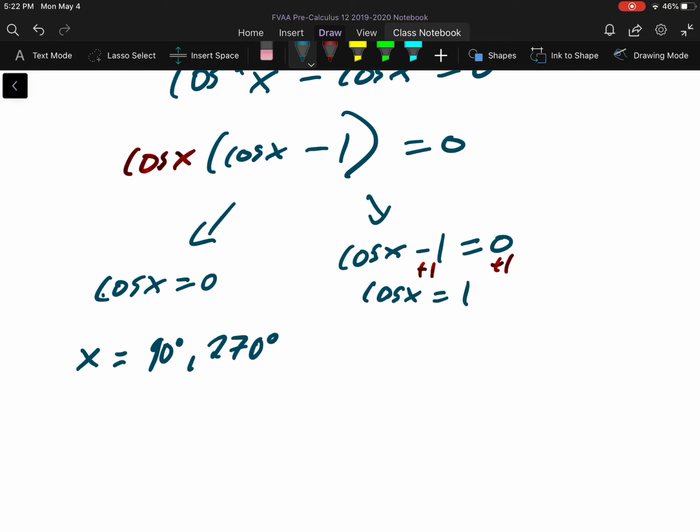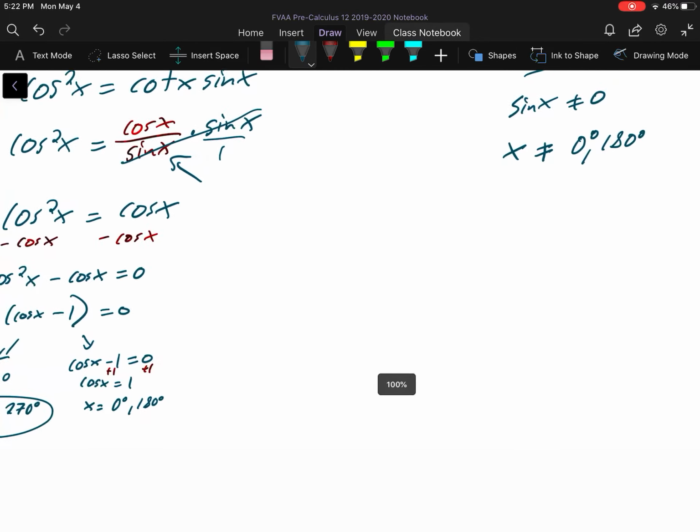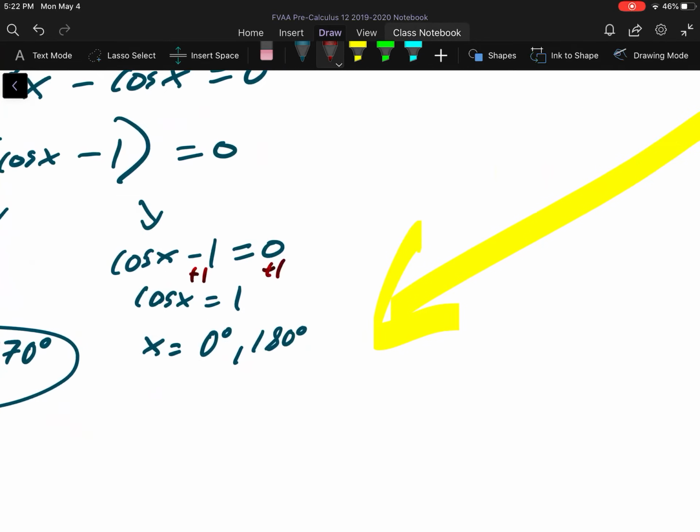So where is cos x equal to 1? Well, that happens at 0 degrees and 180 degrees. Okay. However, we know that this is solutions for sure. Here, these solutions, lo and behold, are non-permissible values, right? So these ones are actually not solutions because they are non-permissible values.